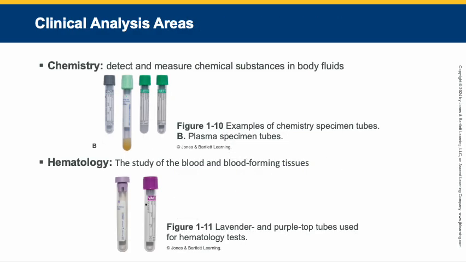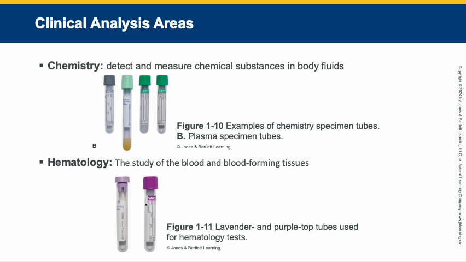Clinical analysis areas. This is where you need to be familiar with each area in the clinical side. You have chemistry. Chemistry detects and measures chemical substances in body fluids. This department typically performs the majority of lab tests. That is a picture of some examples of chemistry tubes and plasma tubes.